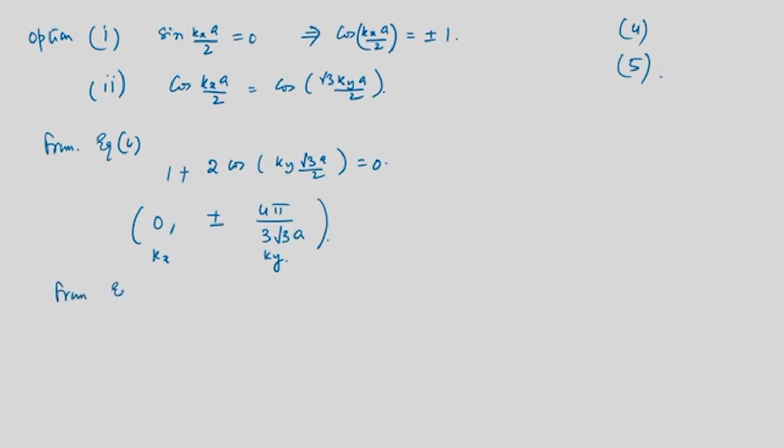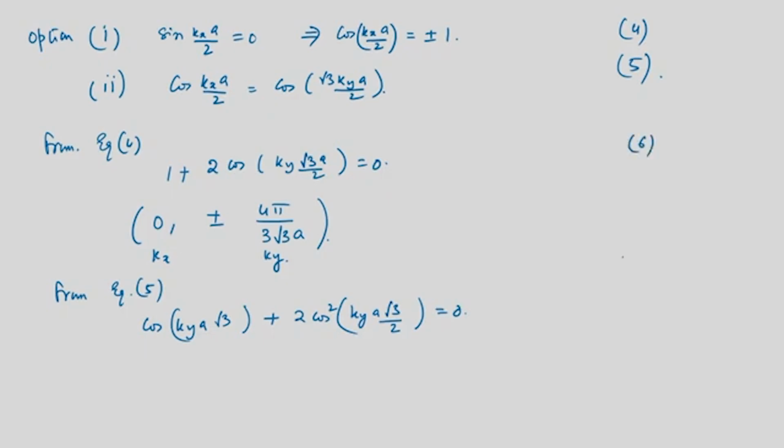From option 2, from equation 5, one gets the other option, which is cosine(k_y a root 3) equal to a 2 cosine square(k_y a root 3/2), where we have used the equation that we get from here.